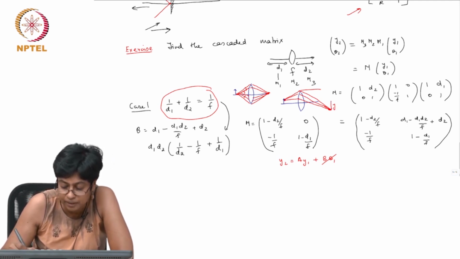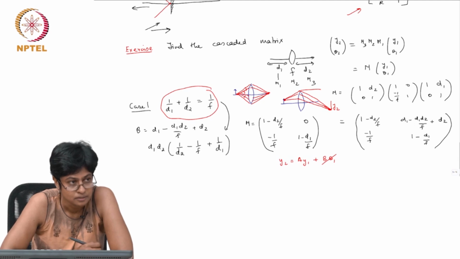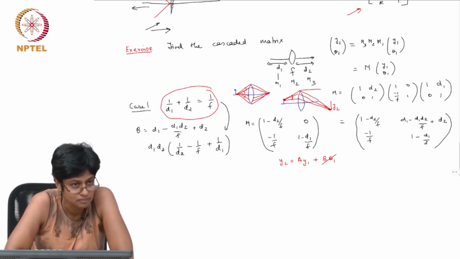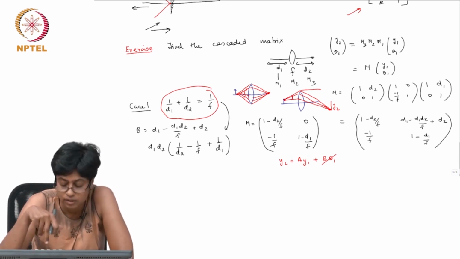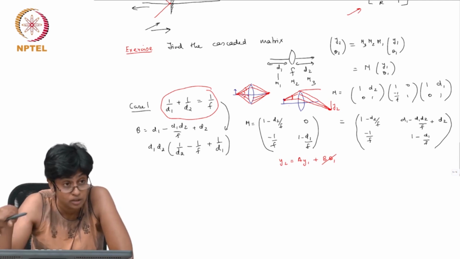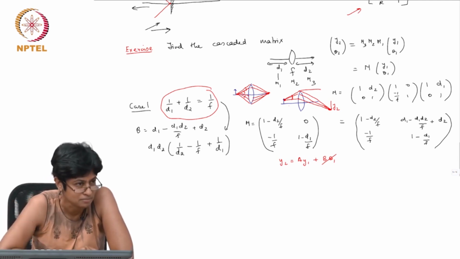They all have the same height y2, irrespective of the angle. That information I have got from looking at the coefficients, or from saying this particular coefficient is 0. What does it mean?